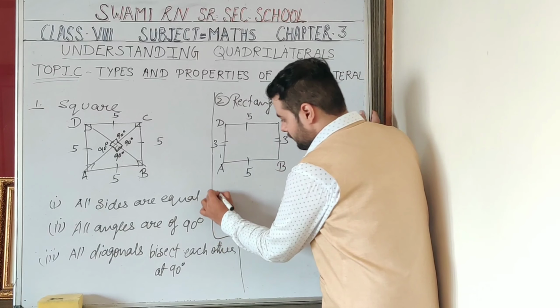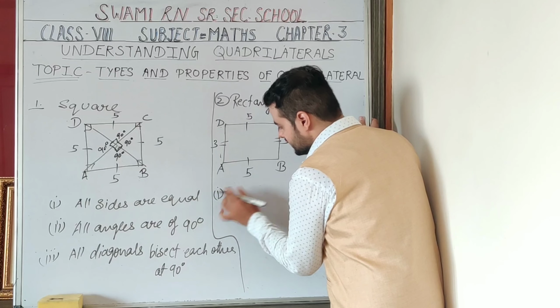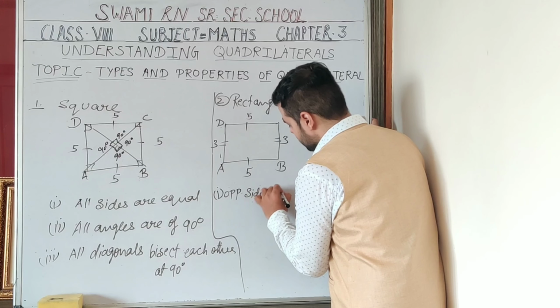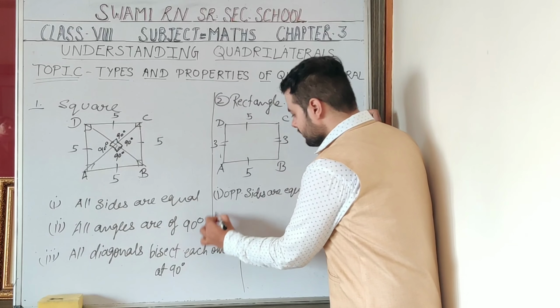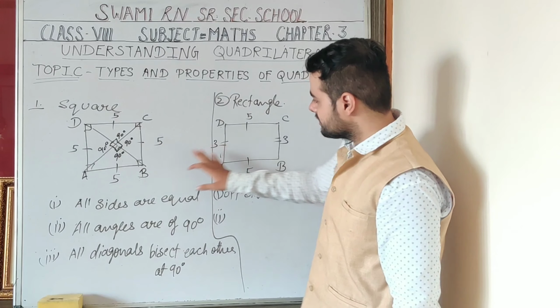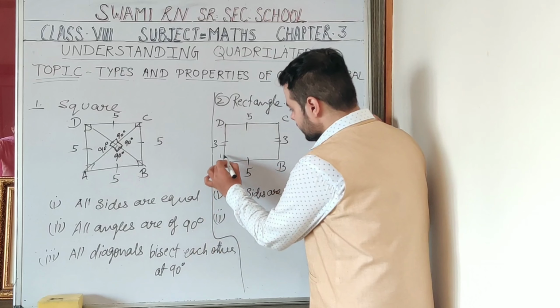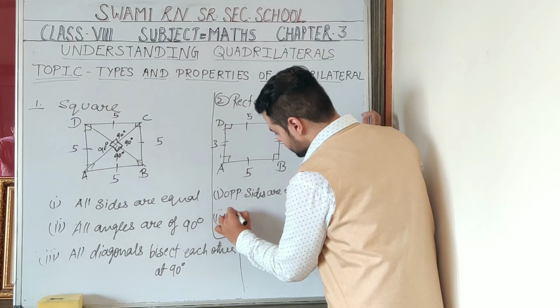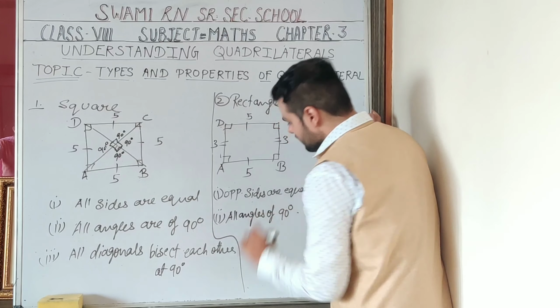Now, the first property of a rectangle is that opposite sides are equal. Second property is the same as we took before: all angles are of 90 degrees.